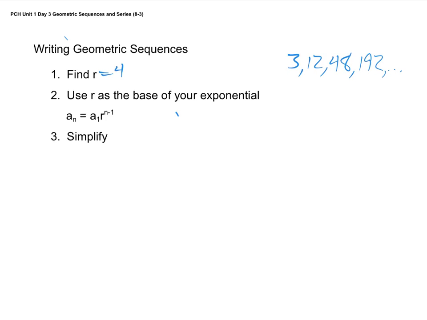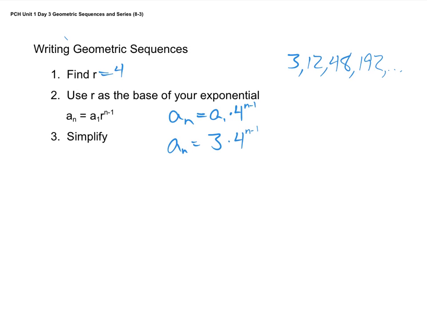So I know that my formula is going to be a sub n equals a sub 1 times 4 to the n minus 1 power. Now what is a sub 1 here? It's that first term. It's 3. So I have 3 times 4 to the n minus 1 power.